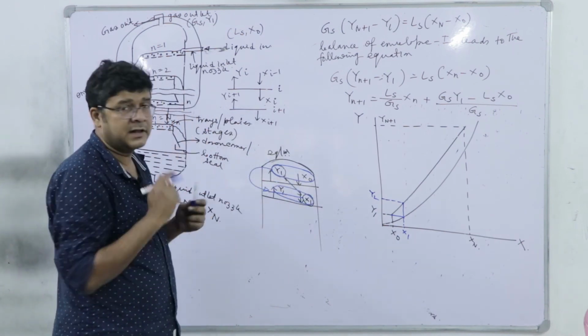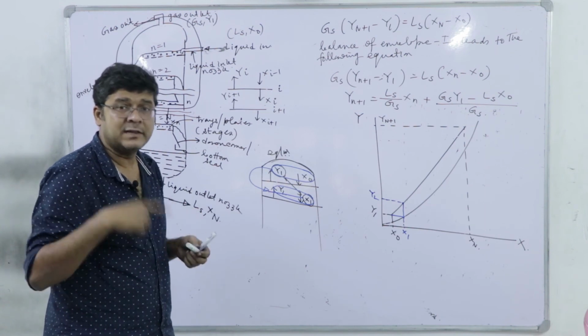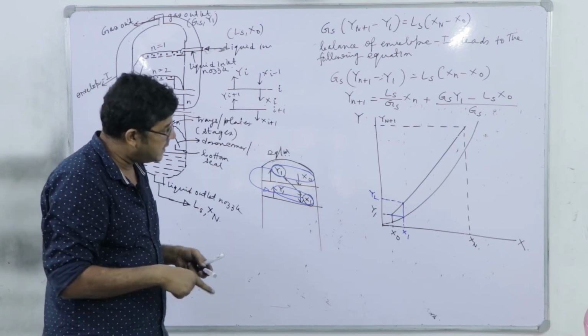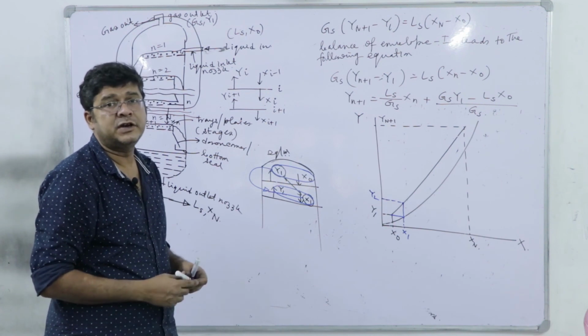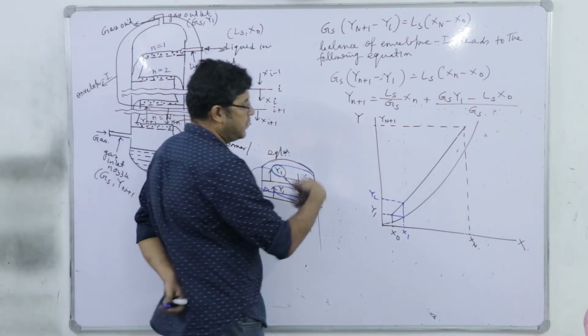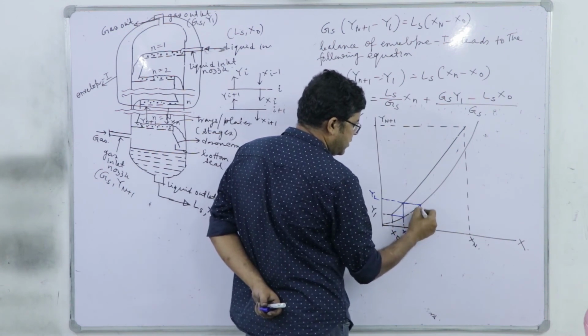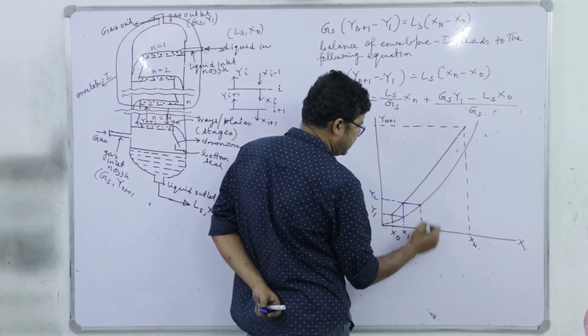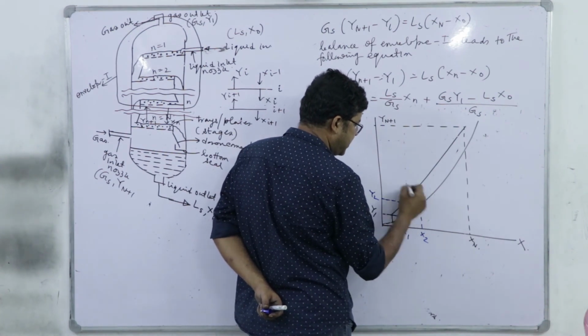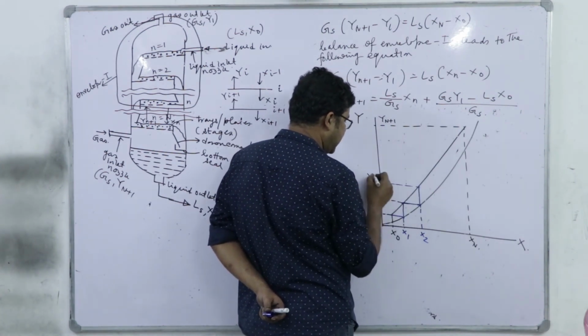So, one stair is equivalent to one stage, right, and this technique we can use to determine the number of stages. If we repeat the process from y2, I will get x2, and if I move up, I will get y3.